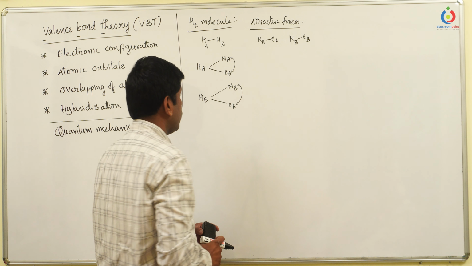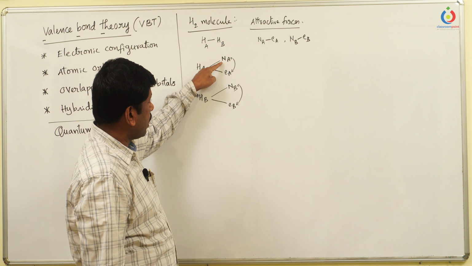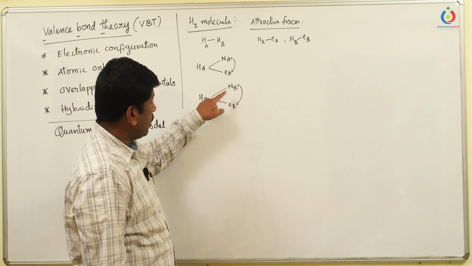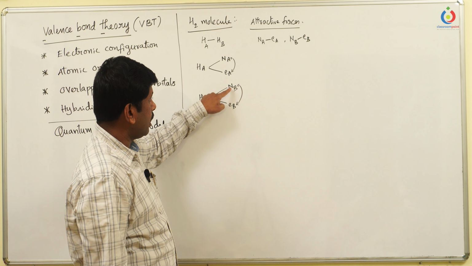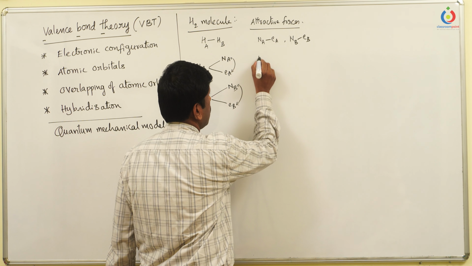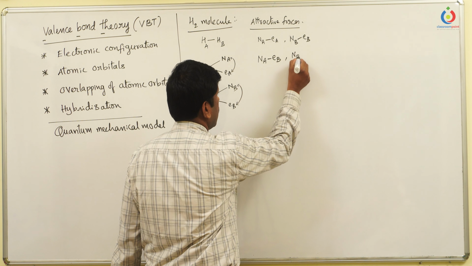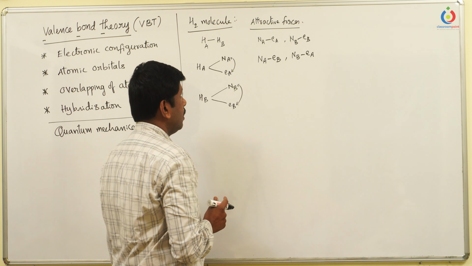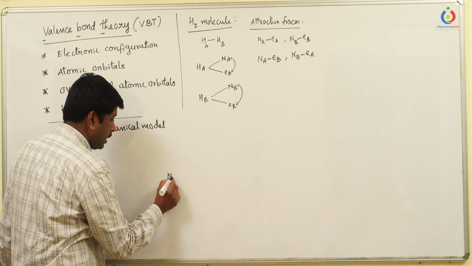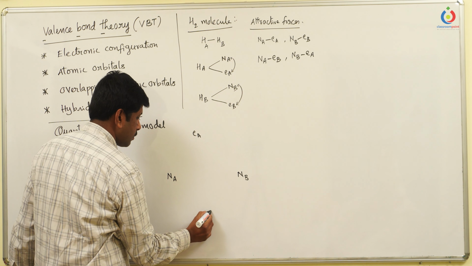But whenever these two hydrogen atoms approach each other, the nucleus of one hydrogen atom tries to attract the electron of the other hydrogen atom. Similarly, the nucleus of the B hydrogen atom tries to attract the electron of the A hydrogen atom. So the other types of attractive forces are Na attracting Eb, as well as Nb attracting Ea. We can represent these as Na and Nb, Ea and Eb.